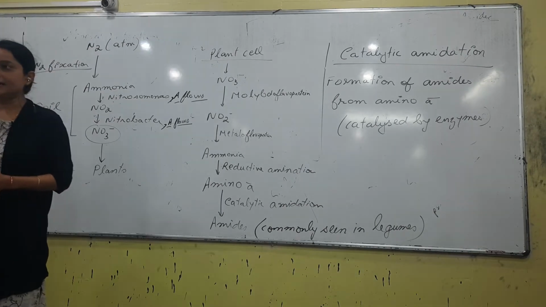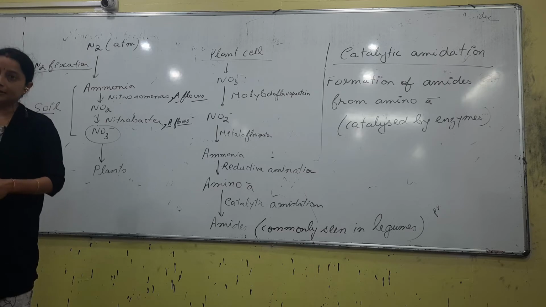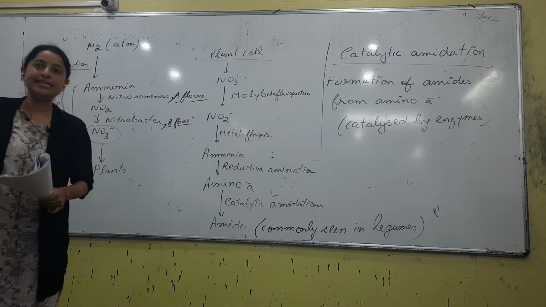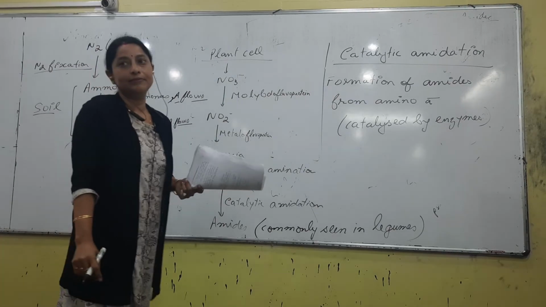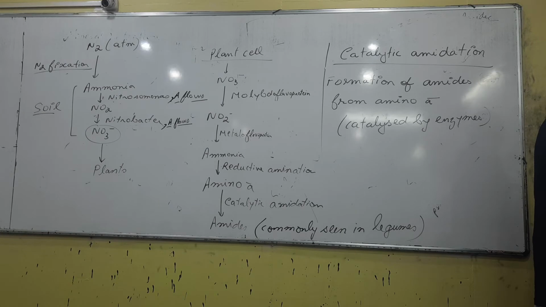Last line, legumes of temperate, legumes of tropical, right? So the question is, what is the amide that you will find in the legumes growing in temperate? What is the type of amide that you see in case of legumes growing in tropical? Did you understand the sentence?